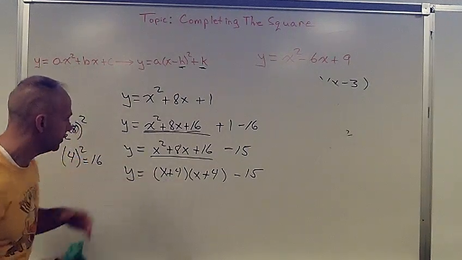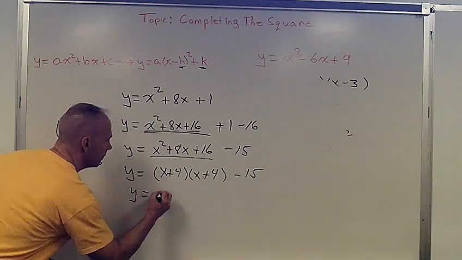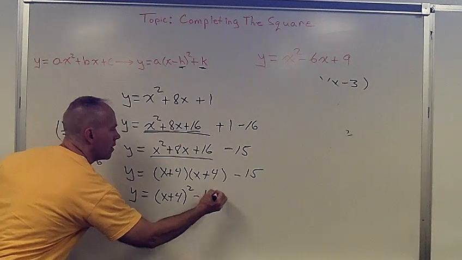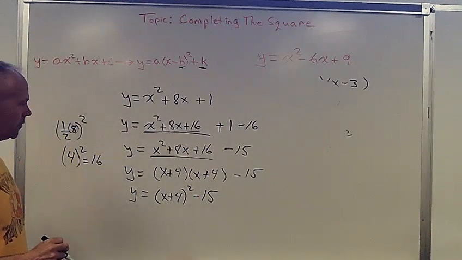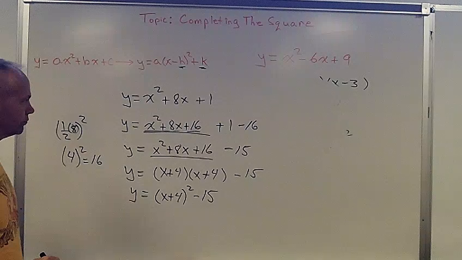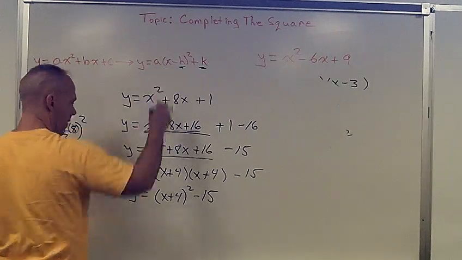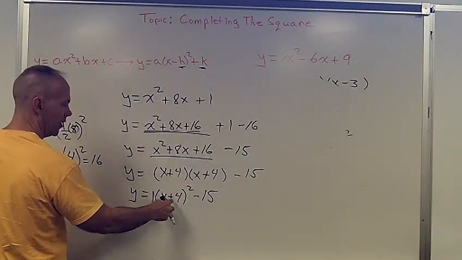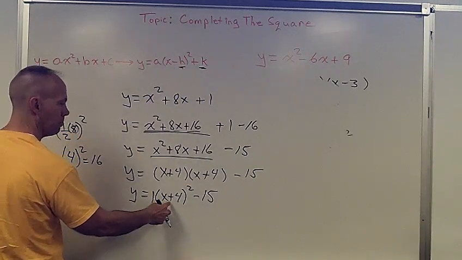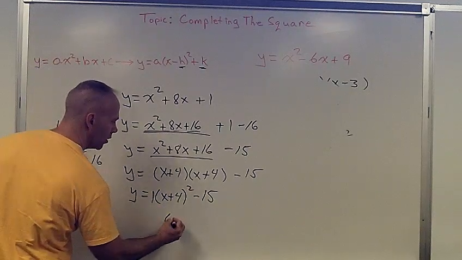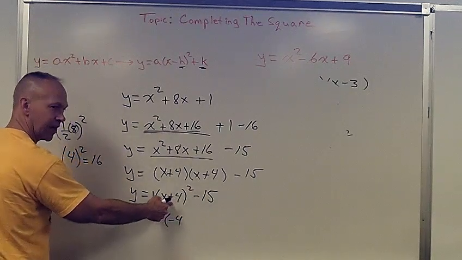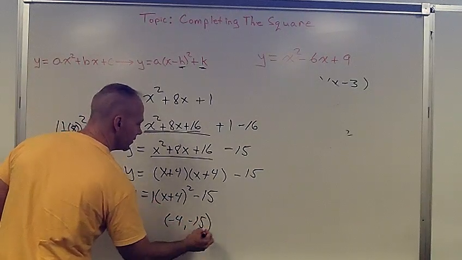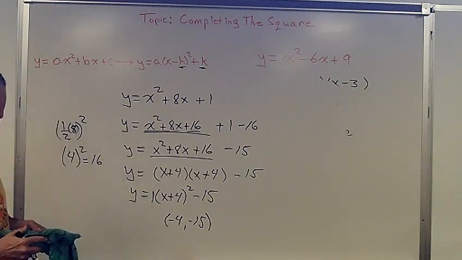And so what I've got now is x plus 4 squared minus 15. What is my vertex? Well, it's in vertex form. A is 1. I've got x minus h. Well, x plus 4 is the same as x minus a negative 4. It's always just the opposite of the sign you see there, like we talked about. So my vertex is (negative 4, negative 15).